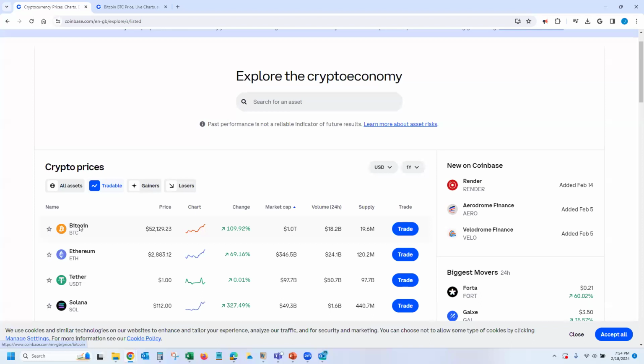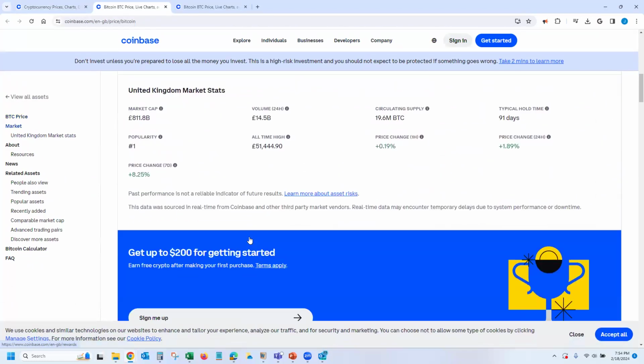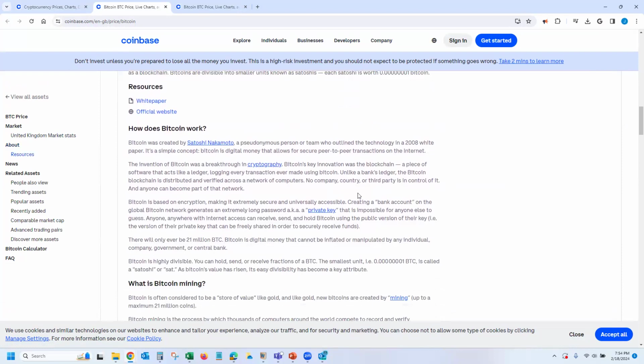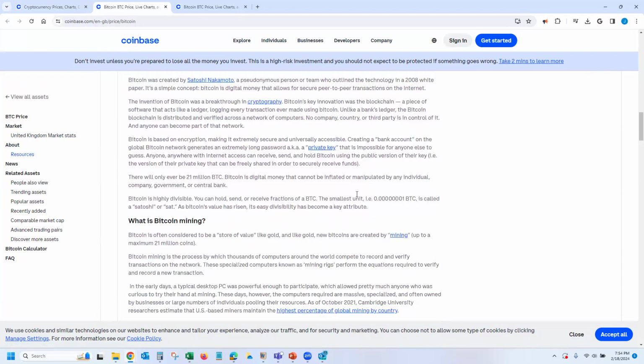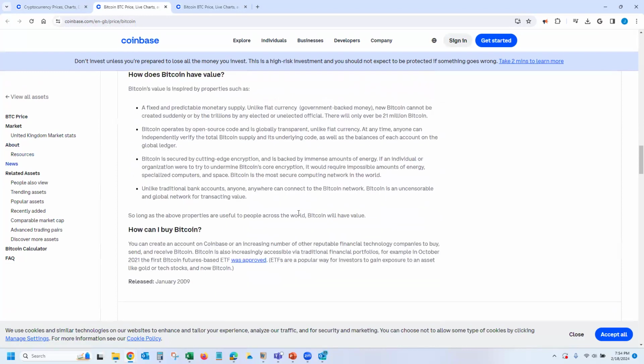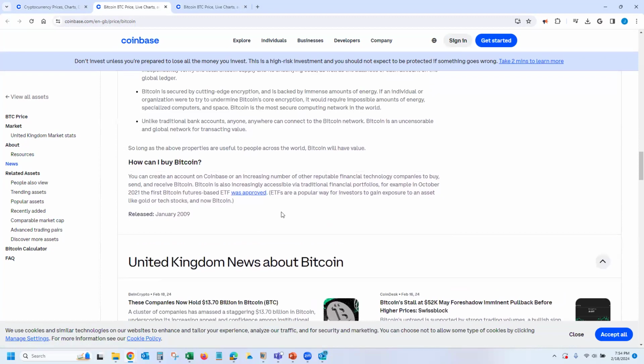If I click on Bitcoin right here, and I scroll down, I'm probably going to get some information about Bitcoin here, either from here or the other platform that you use to trade. So that itself gives you some kind of information about what a cryptocurrency is about.